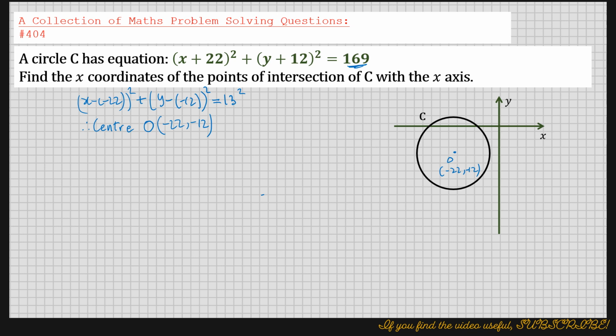Now the next step is to draw the radius, from O to where the x-axis cuts the circle. If I name the points, it's easier that way. So join OA. OA and OB are the radius.